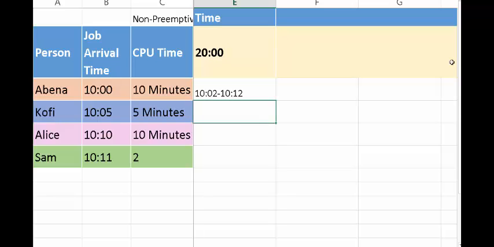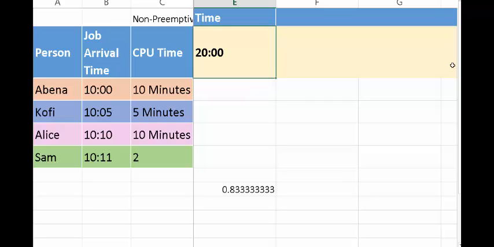Okay, that is 83%, right? So you just have to figure out for how much time the CPU or whatever resource they are using is in use, and that would be your utilization, right?